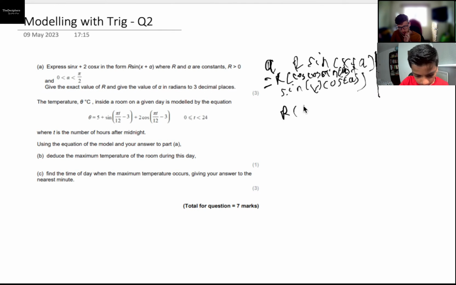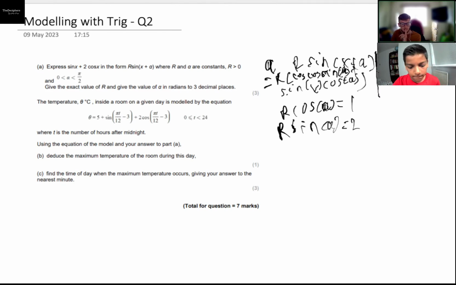So r cos A... the coefficient of sine of x is 1. Good. R cos alpha equals 1. And then r sine alpha is 2. Good.